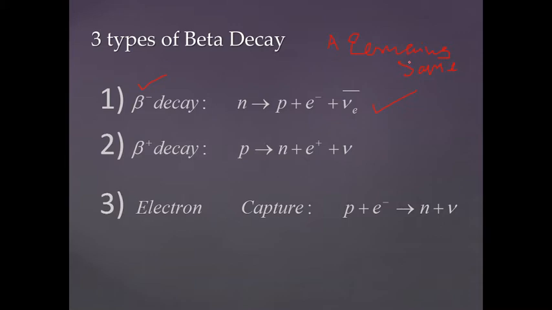So A does not change in beta emission, so it's only a neutron getting converted into a proton. So the neutron number and the proton number change, but the total of N and P, which is A, remains the same in beta emission.